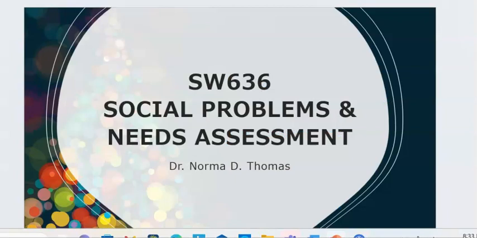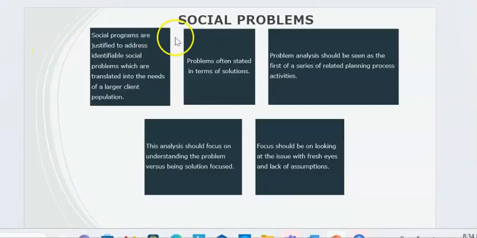Now let's go over some of the concepts in a PowerPoint that I put together from the readings that addresses social problems and needs assessment. So social problems. Social programs are justified to address identifiable social problems, which are translated into the needs of a larger client population.